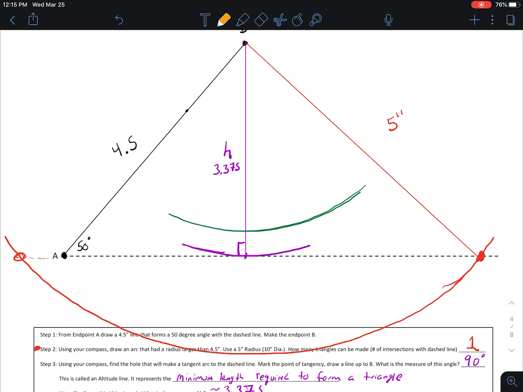All right, so 7.5 inch diameter line. Where's that? That is right here. So if I made the arc, it's doing the straight line again.